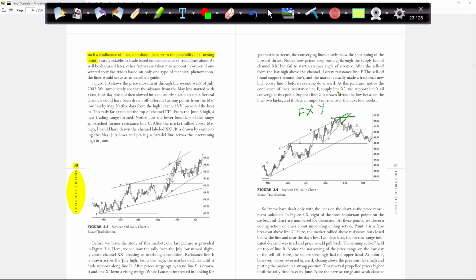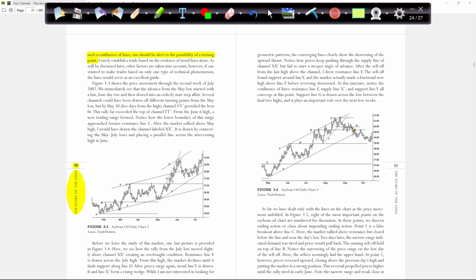Support line G is drawn across the low between the final two highs. And it plays an important role over the next few weeks. See this range market is going on, right?